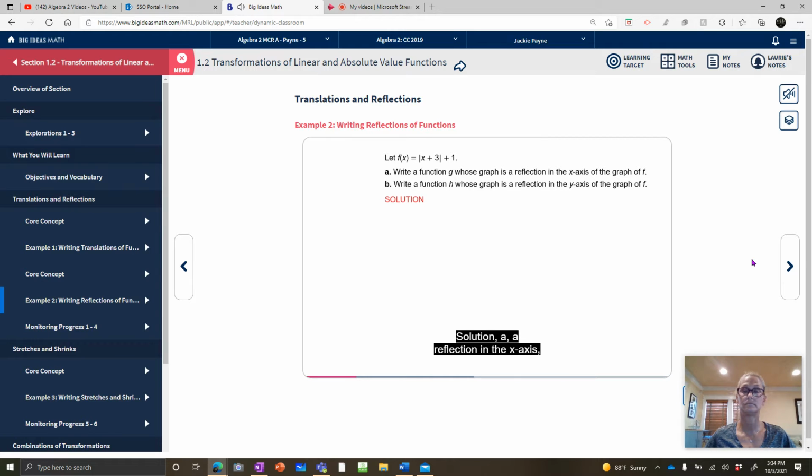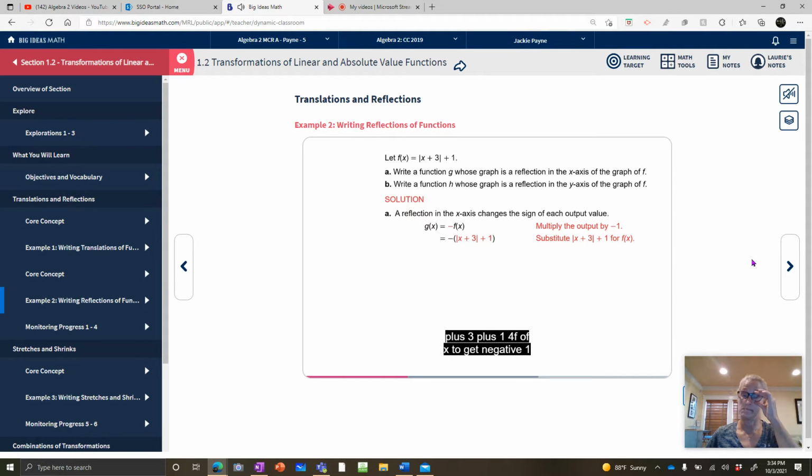Solution. A. A reflection in the x-axis changes the sign of each output value. Multiply the output, or f of x, by -1. Write g of x equals -1 times f of x. Substitute the absolute value of quantity x plus 3, plus 1 for f of x to get -1 times the sum of the absolute value of quantity x plus 3 and 1.